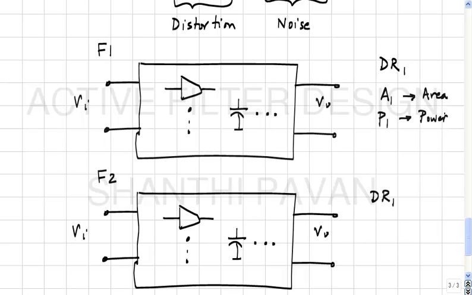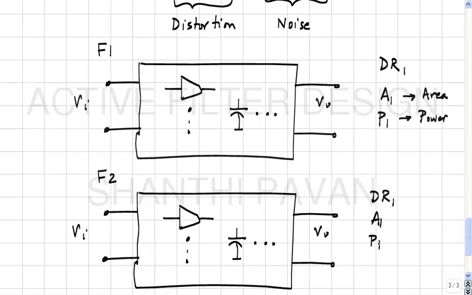Okay. So, clearly, since F2 is simply a copy and paste version of F1, the area and power will be the same, correct.